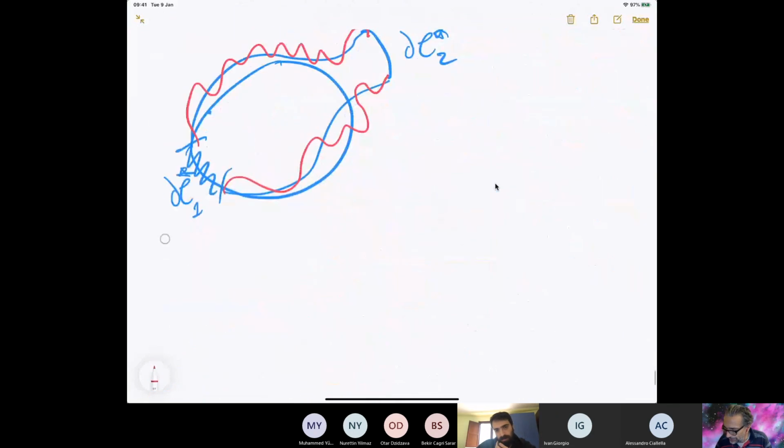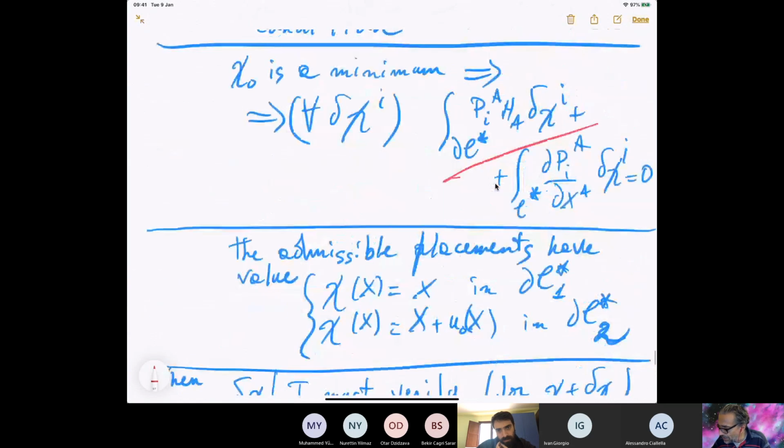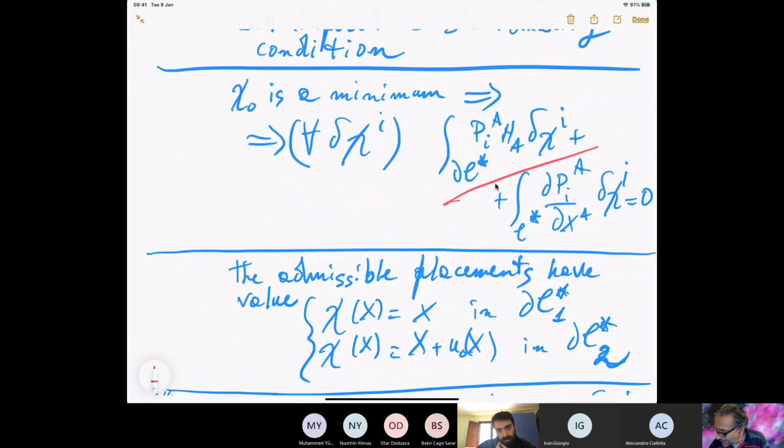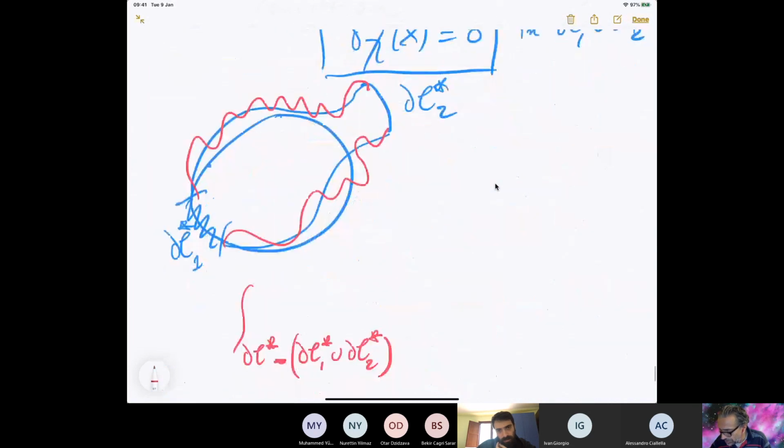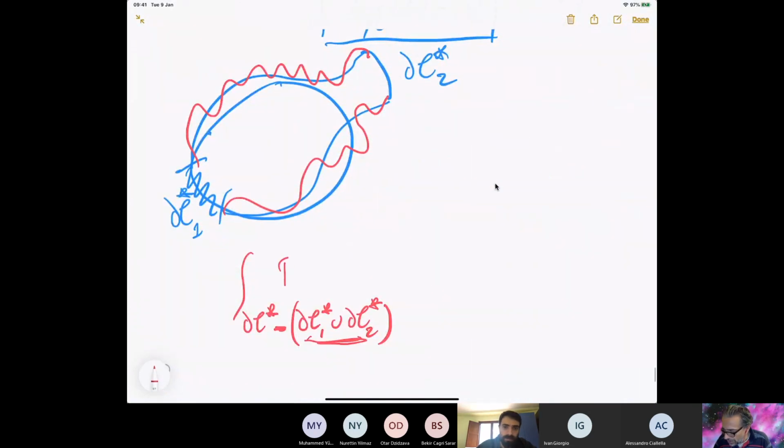So in this formula here, the integral over C star minus delta C star 1 union delta C star 2 appears, because here you have P_iA n_A delta chi_i. So this is the only part which remains alive in our surface integral.